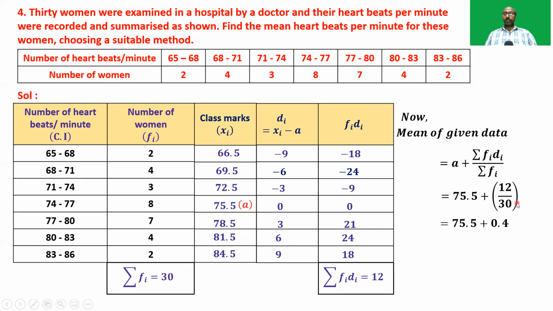As 12 by 30 is equal to 0.4, the sum is equal to 75.9. That is, the mean heartbeats per minute of the women is 75.9 beats per minute.